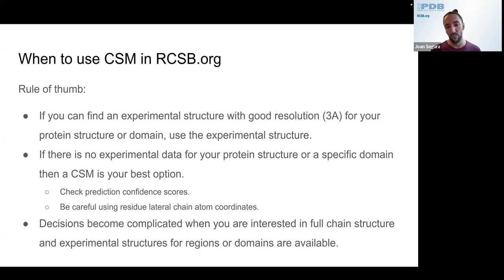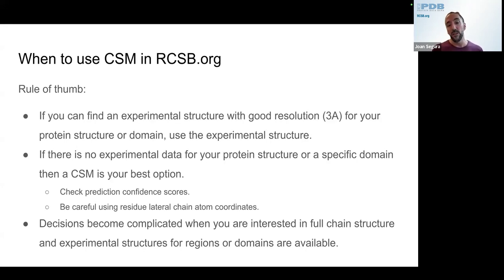You have to be careful because it's true these models are really confident predicting the main chain, but the sidechain residues sometimes are not as accurate. So for example, if you are trying to calculate a protein-ligand affinity, I would be quite careful about using a computed structure model.